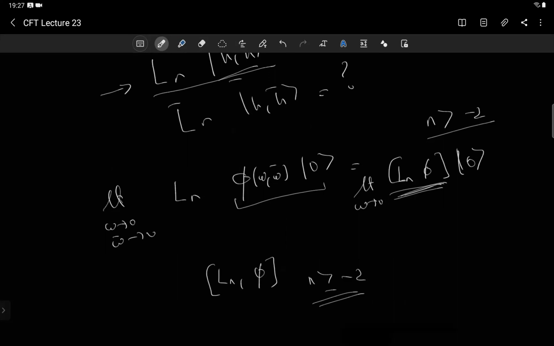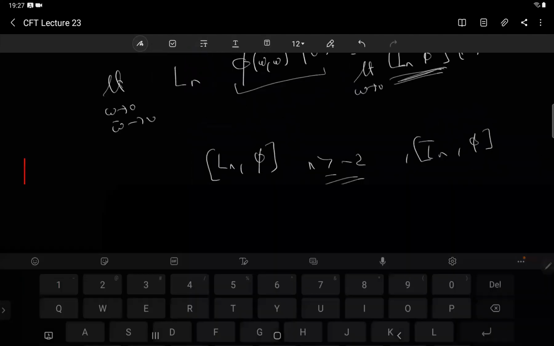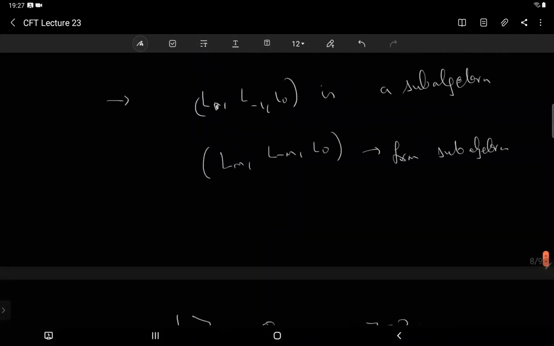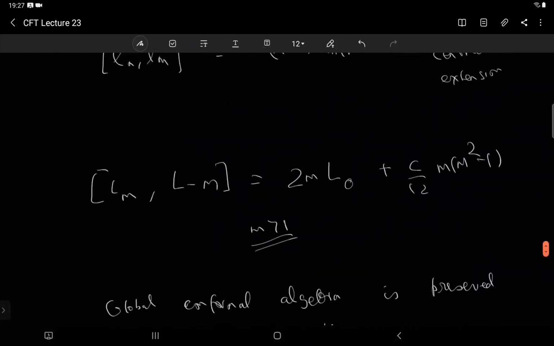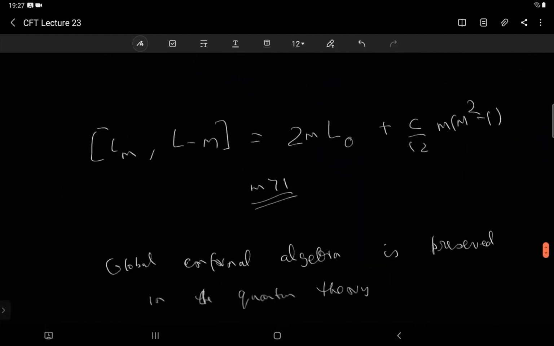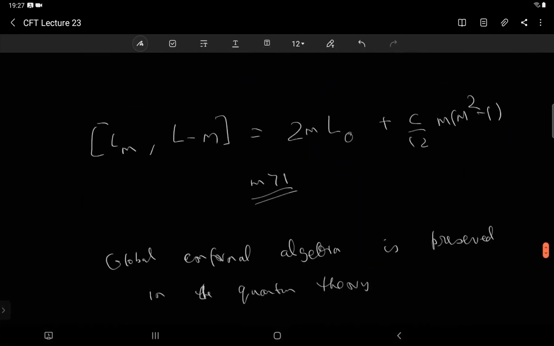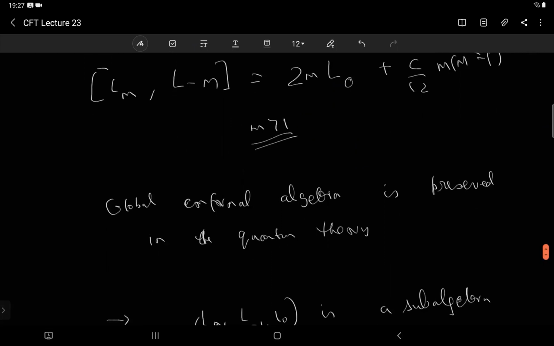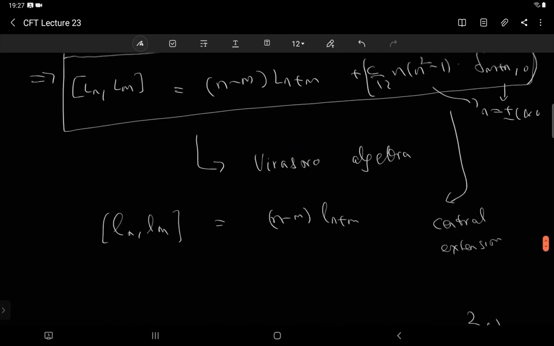Because by finding it we will know this action. We also want to find L bar n, but the two will be the same. By the way, the Virasoro algebra I mentioned is the same; we did this for Ln, but we can do the same thing for L bar n and you will get the same answer, because there will be no difference. So there is an Ln Lm commutator and also an L bar n L bar m commutator, and both come out the same because the OPEs of T and T bar are the same, so there will be no difference.